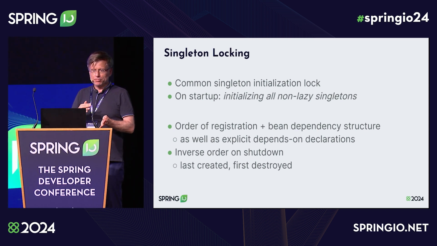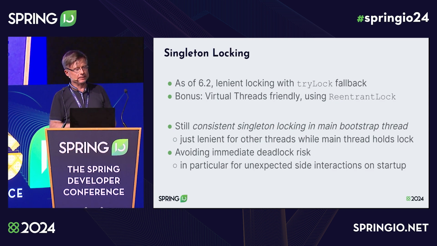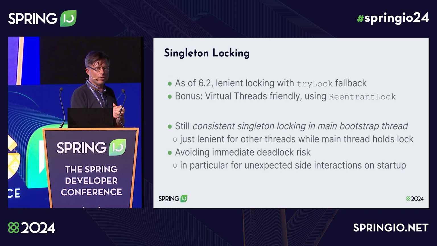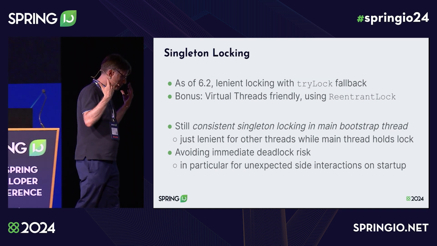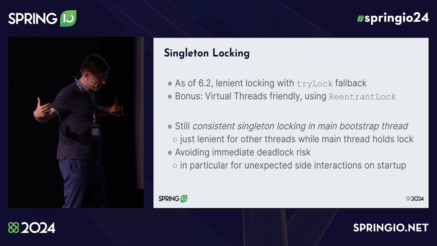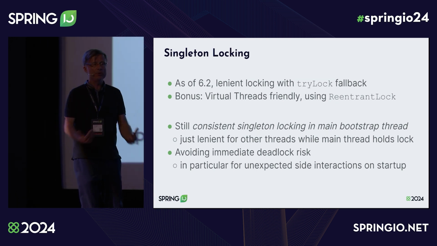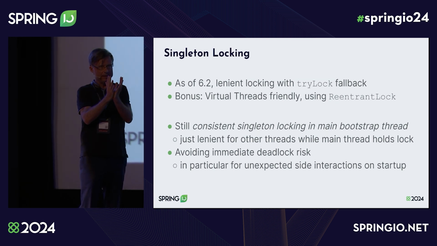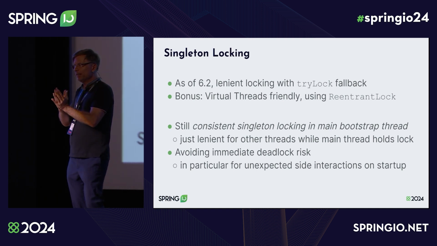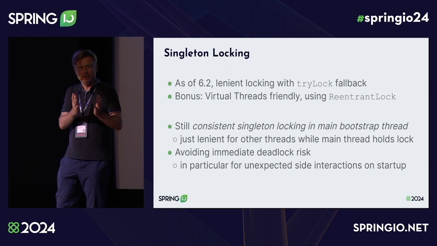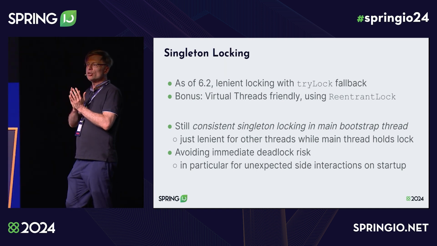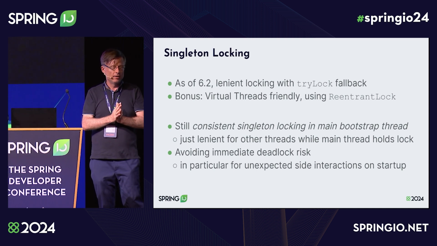As part of this assumption, we rely on a bootstrap thread, right? There's basically one thread that goes into your application when it starts. That's a single bootstrap thread, the one that runs your main method. That thread is being used for initializing the entire application.